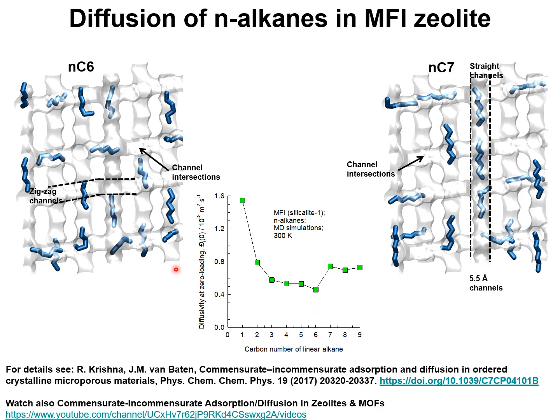On the other hand, if a molecule such as normal hexane is commensurate, it sits comfortably and therefore its diffusivity is lower. Have a look at my presentation on commensurate, incommensurate, adsorption and diffusion in zeolites and MOFs.